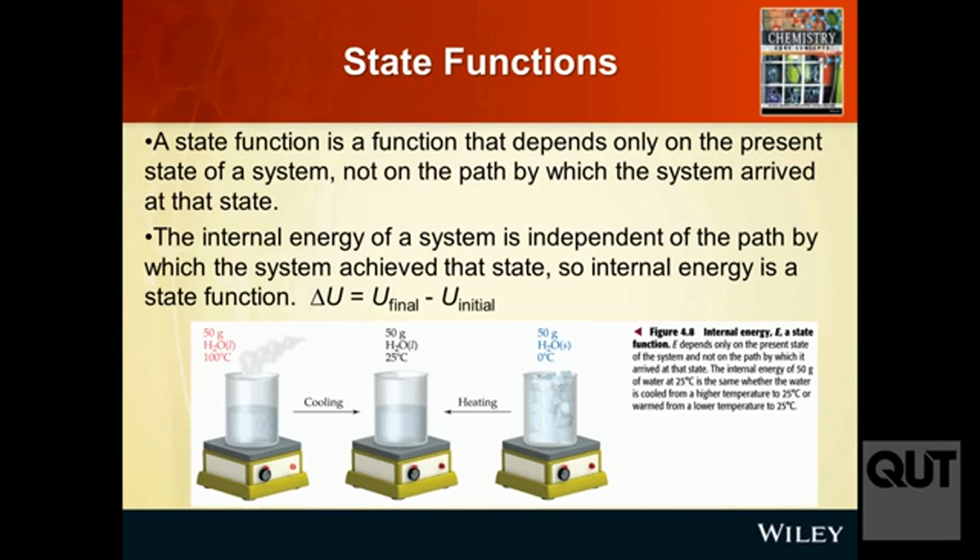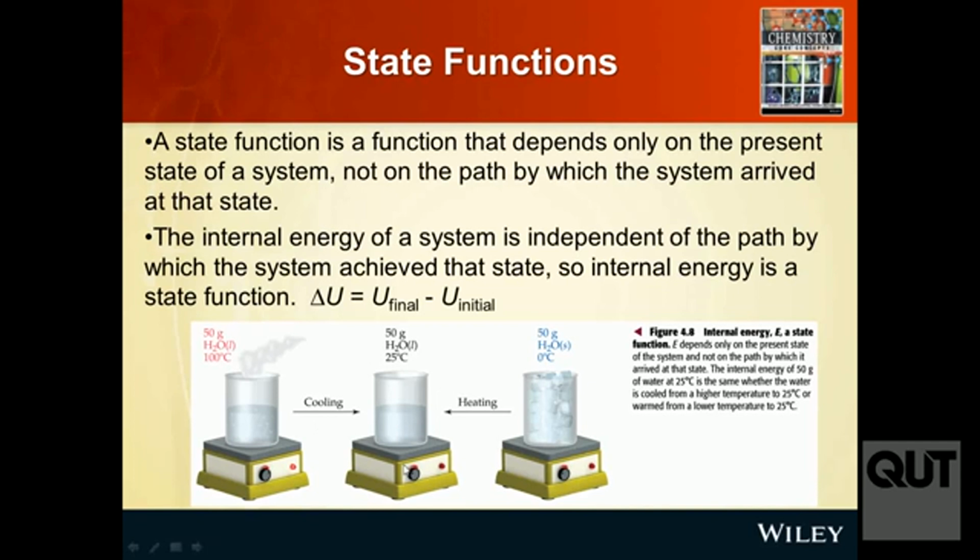There are many, many different ways you can get from one state to another. So in the example that I'm showing you here, where you have water at 100 degrees C and then you cool it down to water at 25 degrees C, you could have gotten there by taking water at 0 degrees C and warming it to water at 25 degrees C. It doesn't matter which way you did it, whether you took cold water and heated it to 25 degrees or hot water and cooled it to 25 degrees.